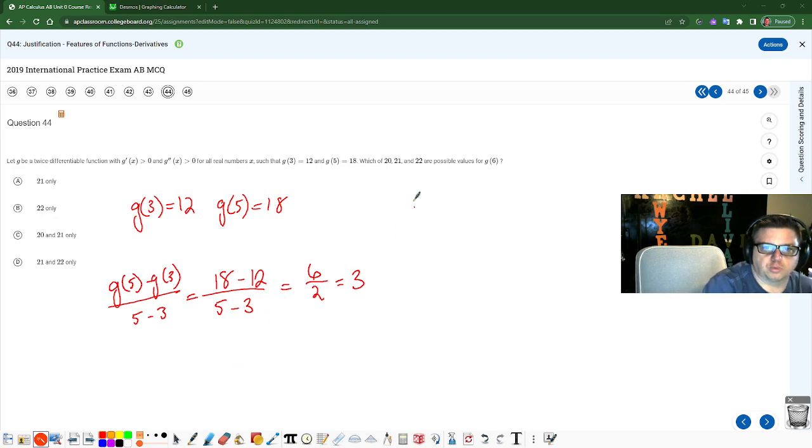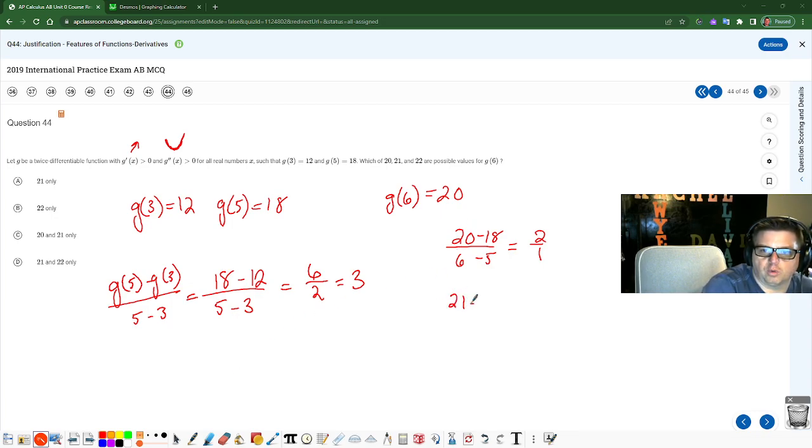So which of 20, 21, and 22 are possible values? Well, remember, this is increasing and concave up. The bowl is opening up. So we need this to be increasing and concave up. If we use 20 for g of 6, 20 take away 18 over 6 take away 5, that's 2 over 1, not greater than 3.